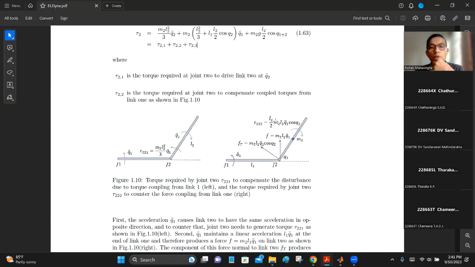The middle one. Okay, this one. Yes. All right, so you can see it there. L1 Q1 double dot is the acceleration. That part is okay, right?